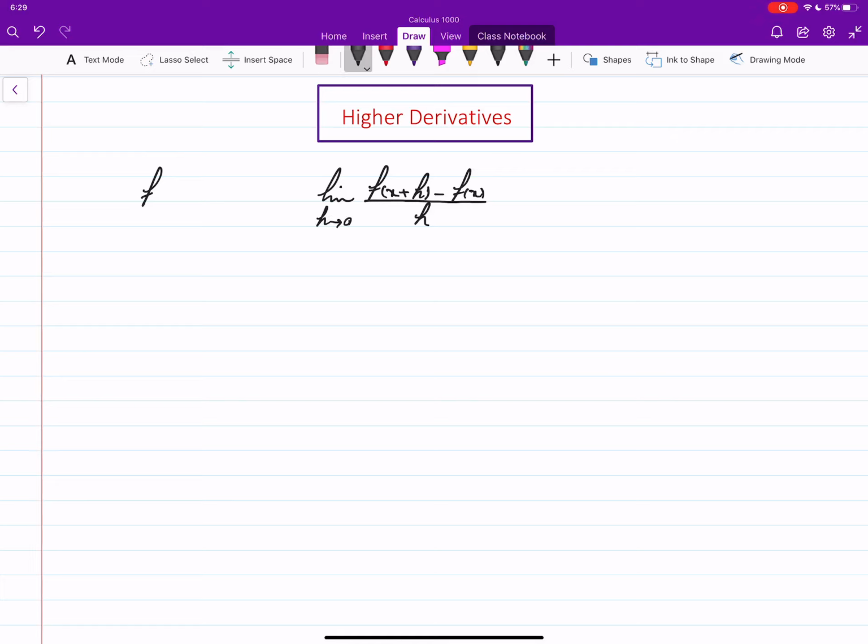If this limit exists for all x's, basically we have defined what is called the first derivative of the function. We denote it by f prime and we call it first derivative.